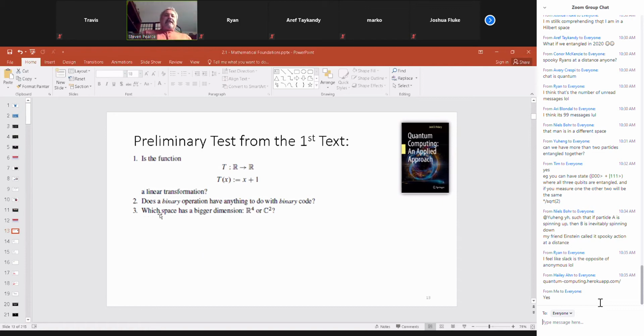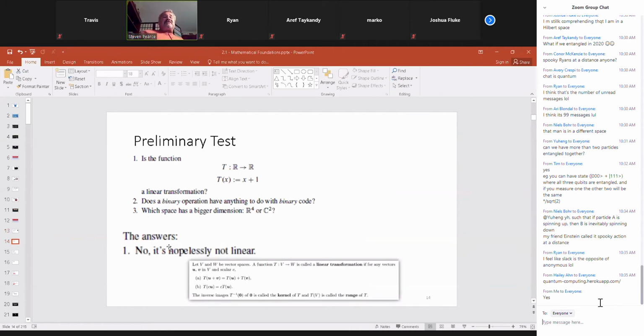Very good. Does a binary operation have anything to do with binary code? That's just a completely stupid question. Just ignore it. Obviously, they don't have anything to do with each other. Which space has a bigger dimension, R4 or C2? Well, they're the same.